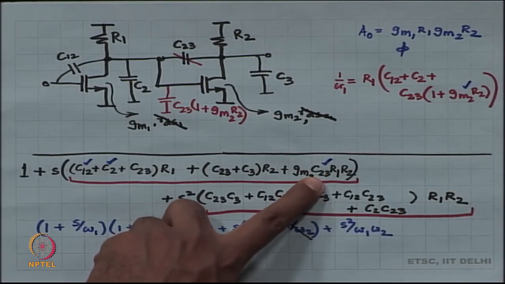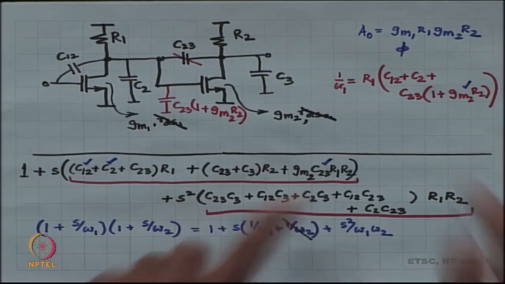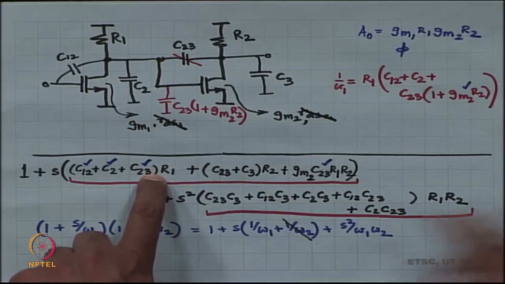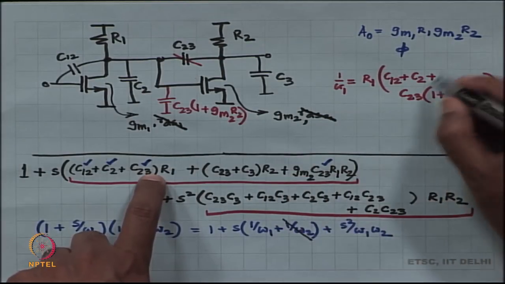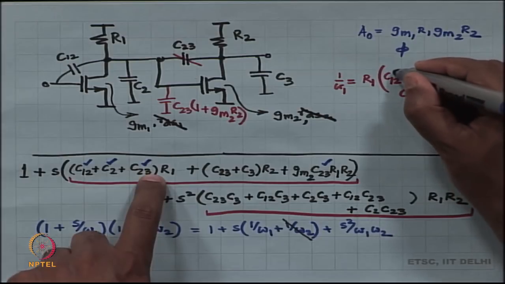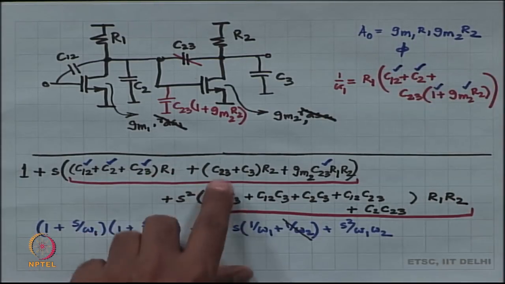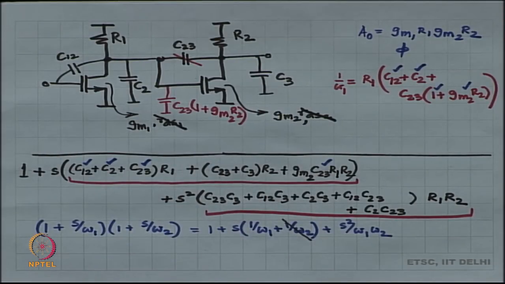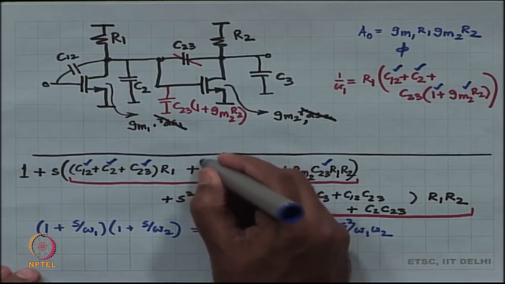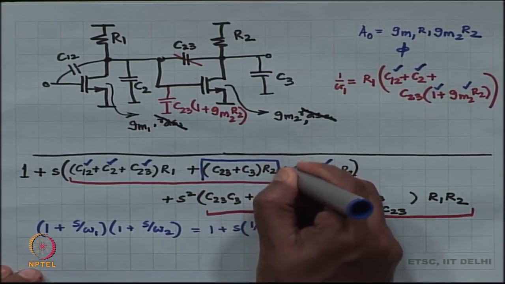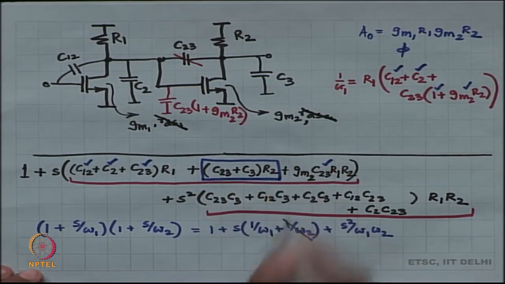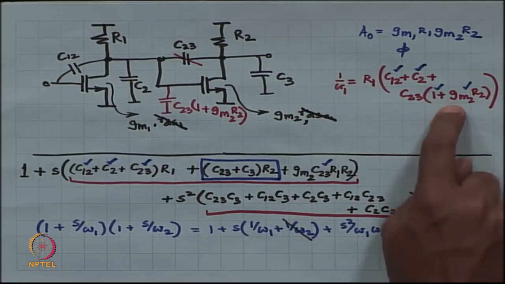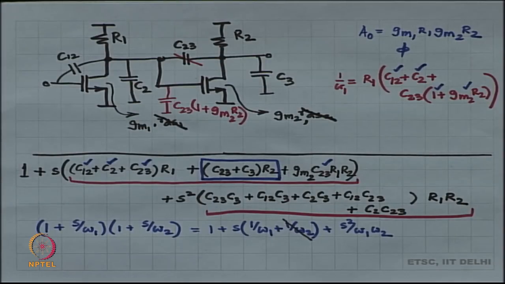So, this particular one, okay. And then C23 times R1 is also over here, okay. So, all of these terms are matching. This stuff is just a little bit that is missing from the actual value of 1 by omega 1 that I estimated with Miller.